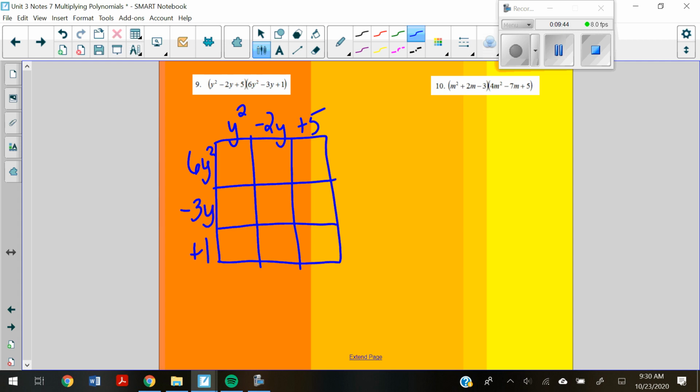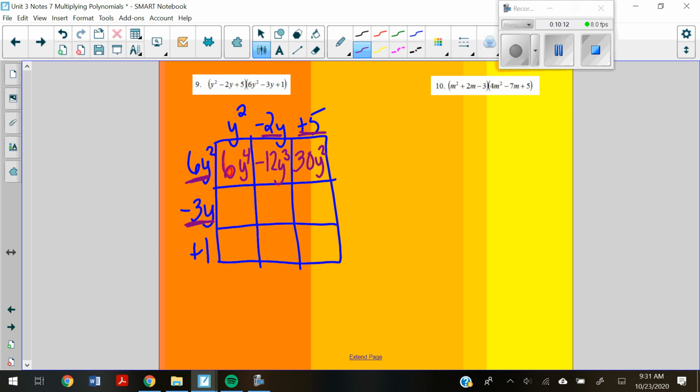All right, so let's go in. 6y squared times y squared, 6, ooh, that's not a good color. 6, is that better? I hope so. y to the 4th. Okay, I'm going to take my 6y squared times my negative 2y, so negative 12y cubed. 6y squared times 5, so I get 30y squared. All right, I'm moving to my second row.